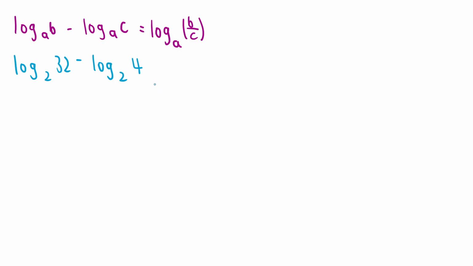So here's an example to illustrate how the quotient rule of logarithms works. If we have something like log base 2 of 32 minus log base 2 of 4, we can use this rule, log base a of b minus log base a of c is equal to log base a of b over c, and rewrite this as log base 2 of 32 over 4, since both logarithms have the same base, and it's a difference of two logarithms, so we can use this rule where the argument, the top part of the logarithm, is just the first argument divided by the second argument, so it's just 32 divided by 4.